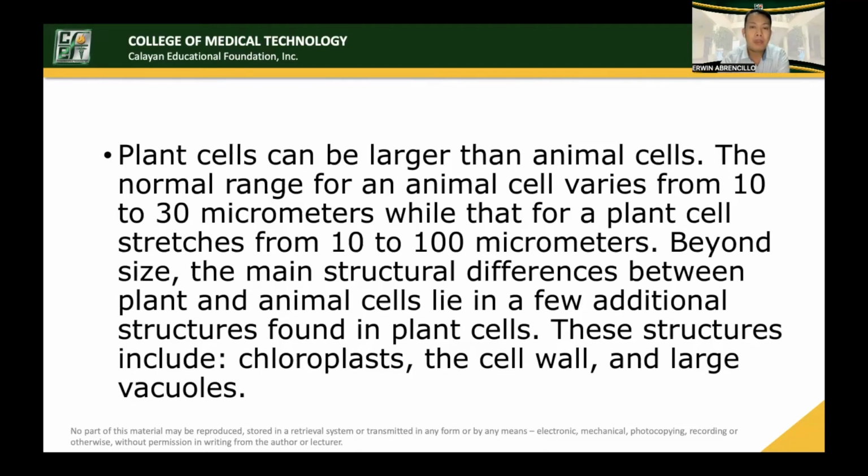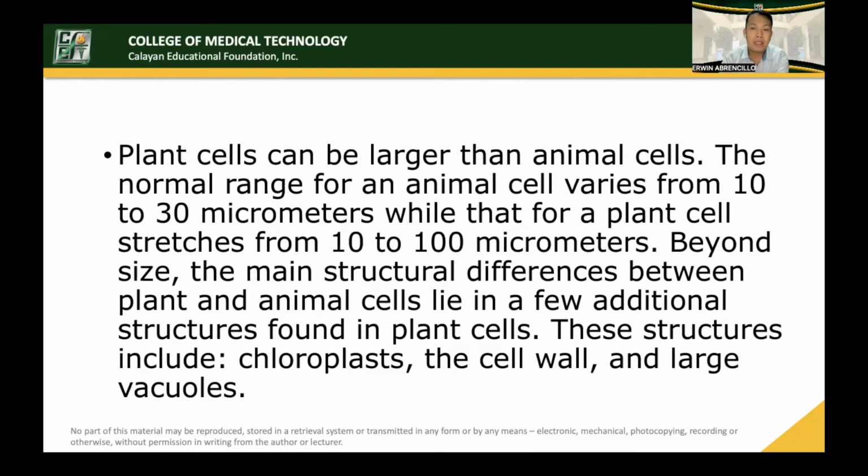In order for them to do that, they need chloroplast because it contains pigments, like the chlorophyll, for them to be able to capture sunlight energy, in order for them to convert this energy with the help of carbon dioxide to become glucose or sugar that will become the food of the plants as well as food of other animals.